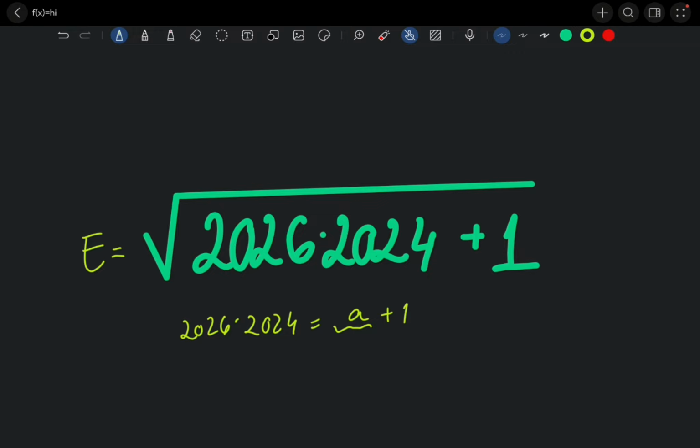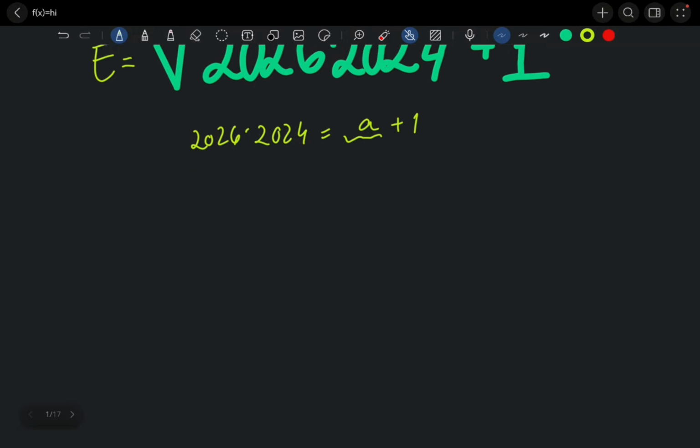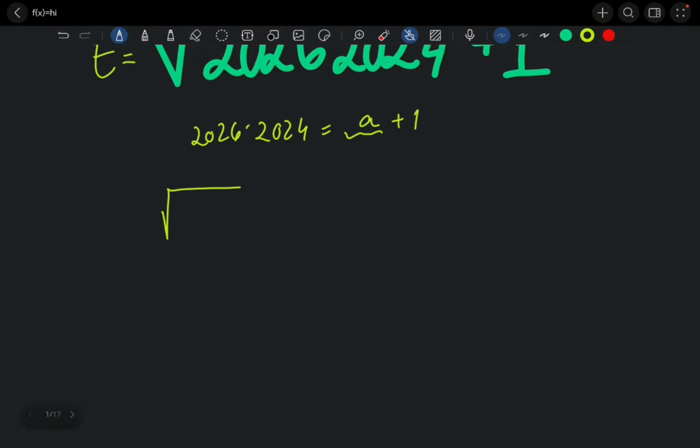But let's imagine just for a second that we have to find the value of the square root of 30,476 times 30,474, all of this plus 1. Now we can do the same thing, but the numbers get so big that it's almost impossible not to make a mistake. So in today's video, we are not trying to find the value of a square root, we are trying to find the pattern behind the numbers.